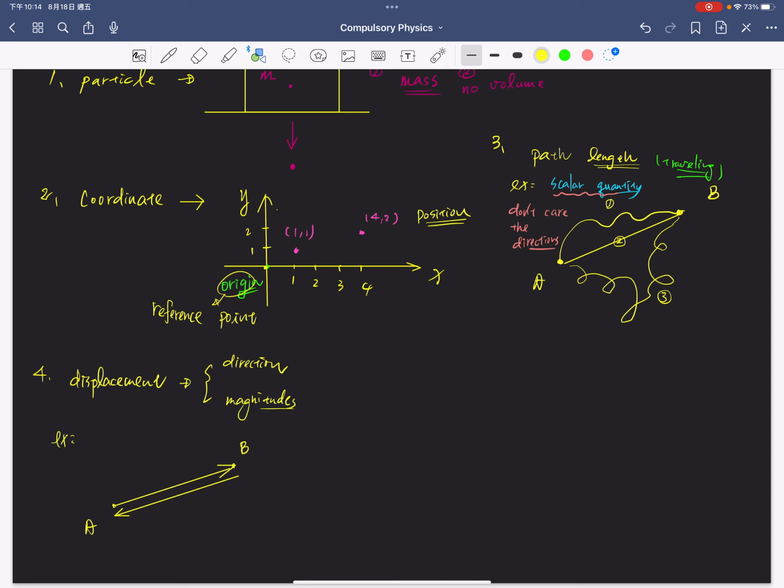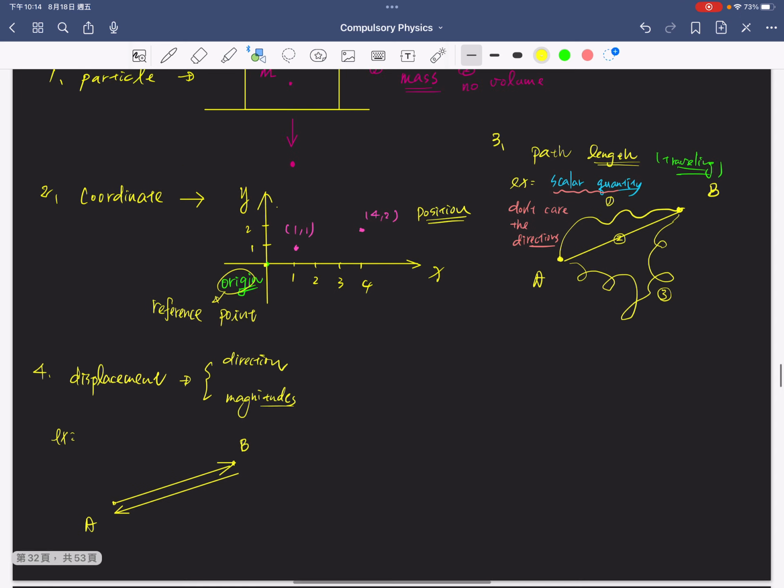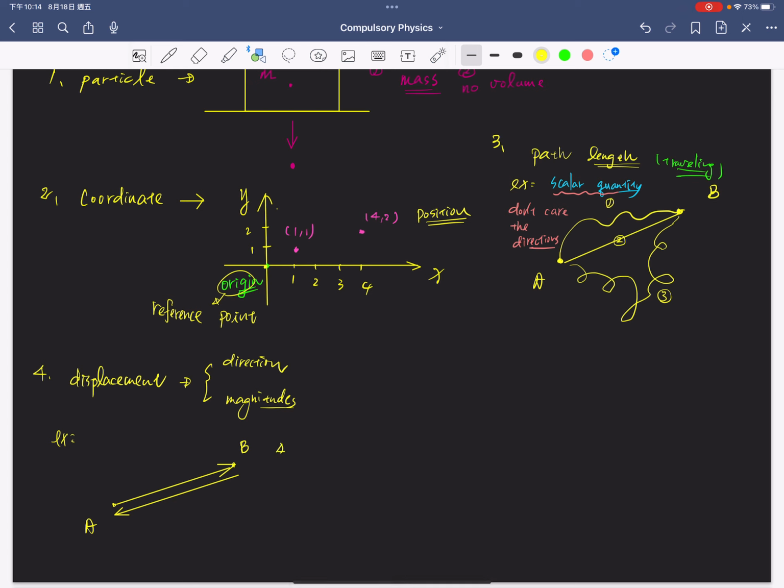So in physics, delta x AB is not the same as delta x BA. If you focus on the direction, we will use an arrow over the label like this one.